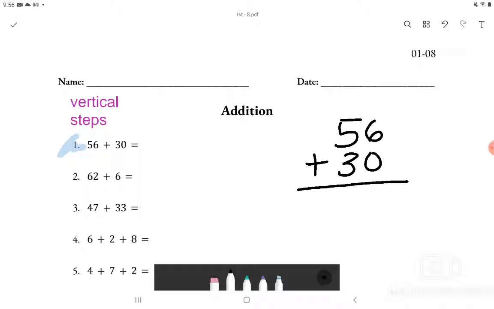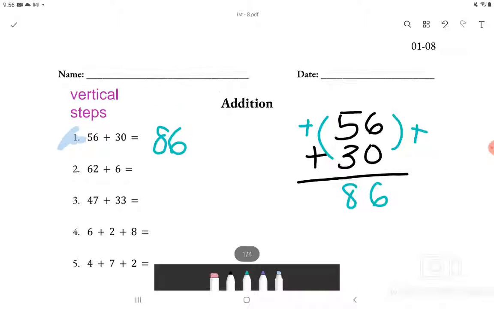If you get these mixed up, then you'll get a very different answer. So first, add 6 and 0, which is equal to 6, and 5 plus 3, which is 8. So you know that the answer will be 86 for number 1.